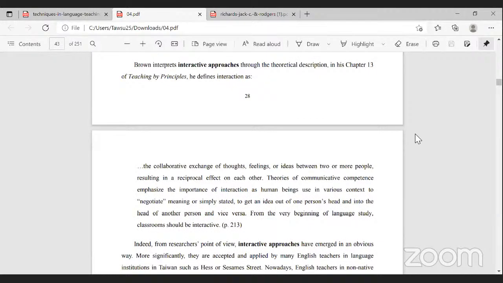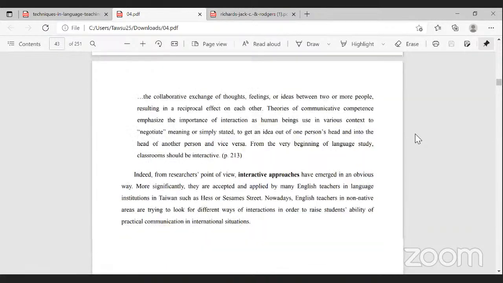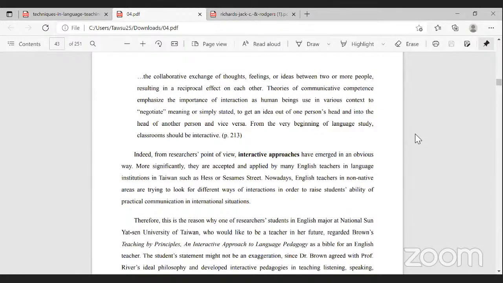Theories of communicative competence emphasize the importance of interaction, and human beings use it in various contexts to negotiate meaning or, simply stated, to get an idea out of one person's head and into the head of another person, and vice versa. From the very beginning of language study, the classroom should be interactive. So basically the term which they repeatedly use is interaction.